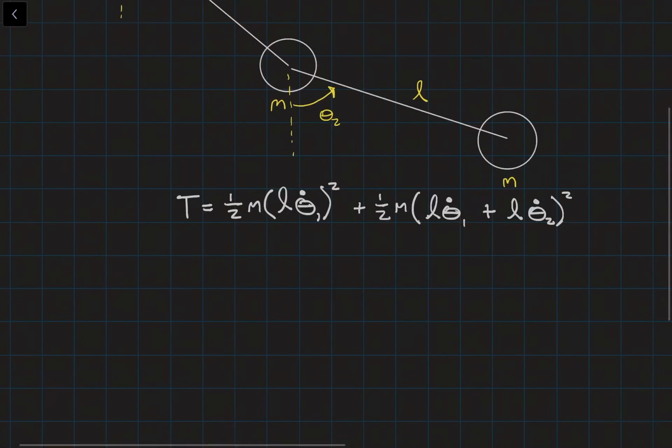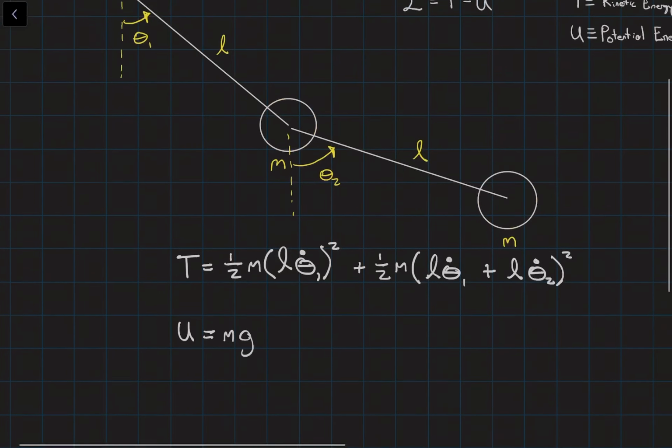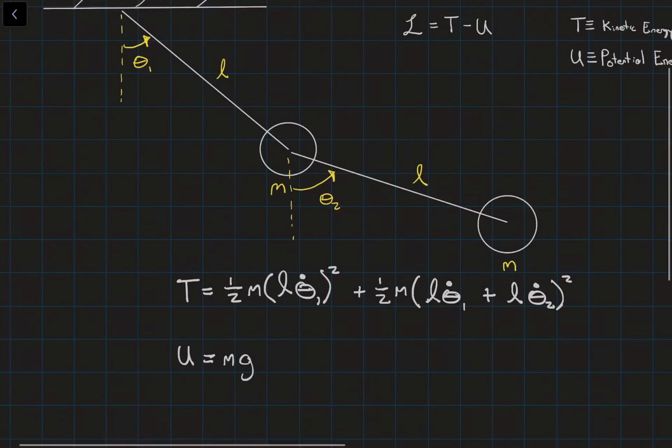So then we can move on here to potential energy, which, as you can see, the traditional way to write this, since gravity is acting downward, it would just be mgy, where y would be some vertical coordinate. But we're writing this in terms of theta.